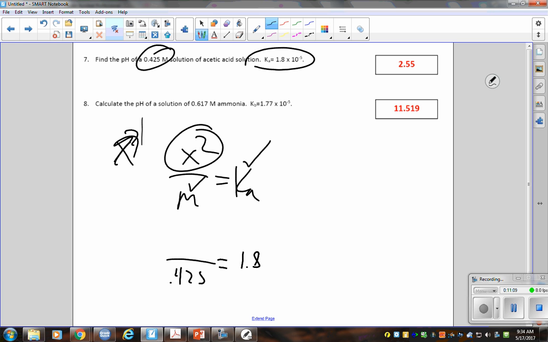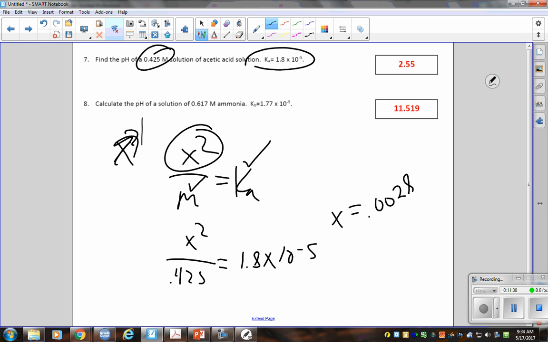Bust out my calculator, 0.425 times 1.8 E negative 5. I'm going to take the square root of it. X comes out to be 0.0028, we'll say. Okay, that's what I get when I solve for x.